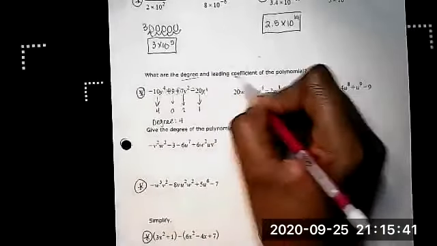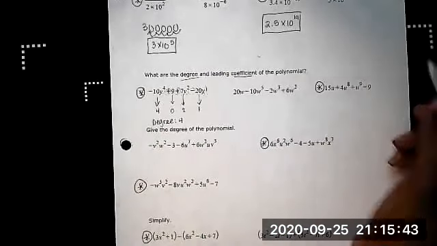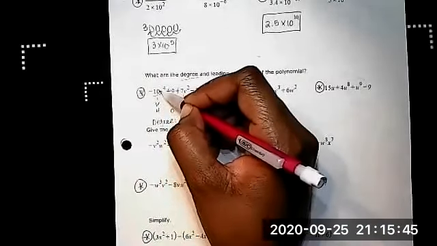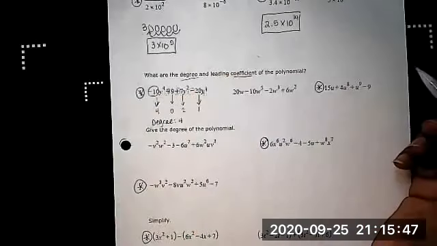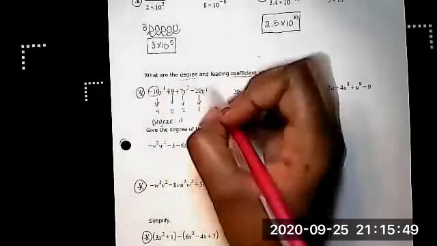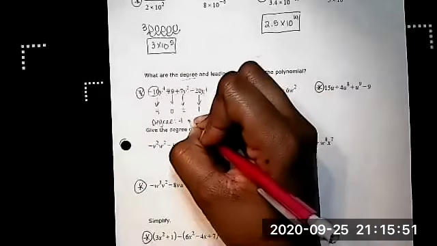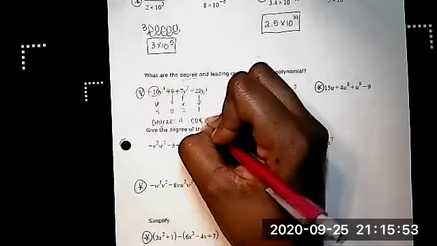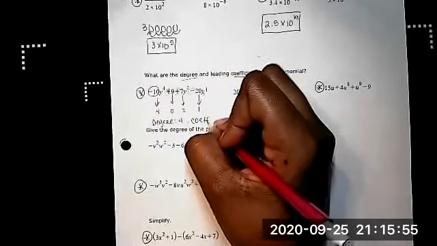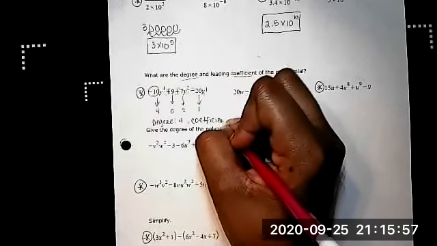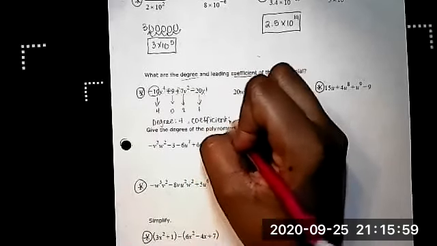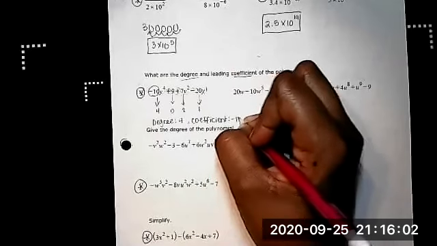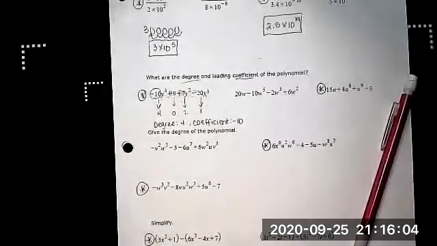And if they ask for the leading coefficient, that's the number in front of the term with the highest degree. If there's nothing in front, it's 1, but in this case it's -10. We're definitely going to be continuing on that.